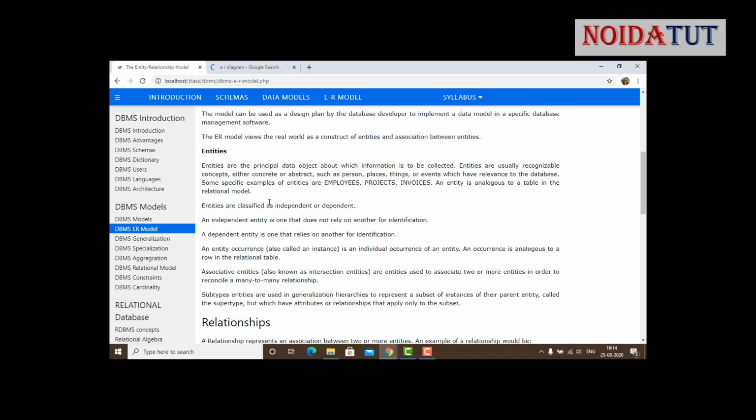Subtype entities are used in generalization hierarchies to represent a subset of instances of their parent entity, called supertype, but which have attributes or relationships that apply only to the subset.